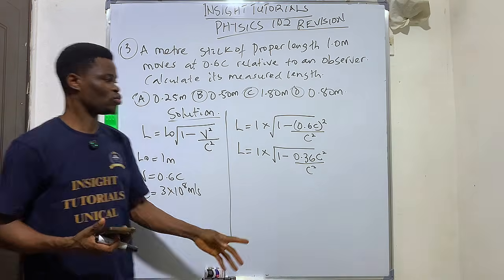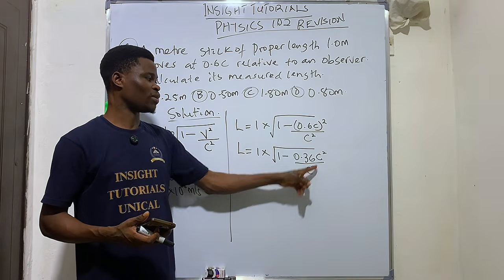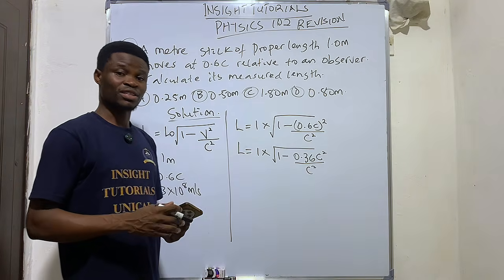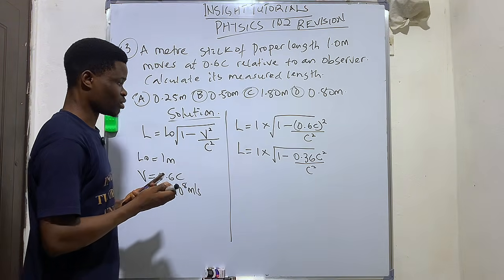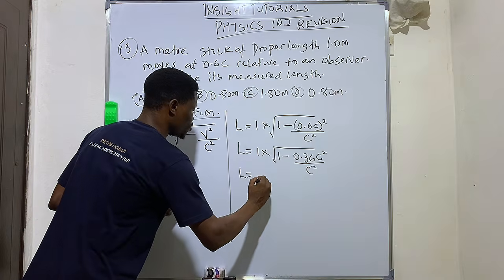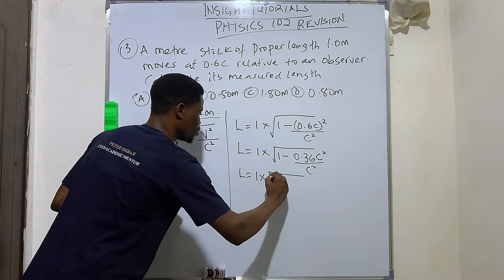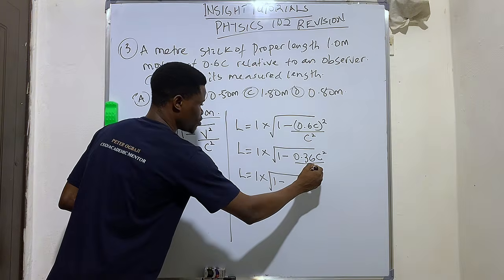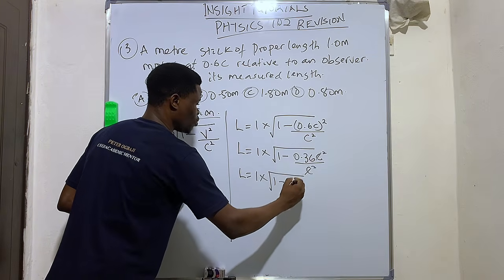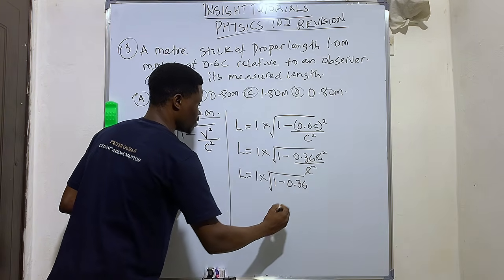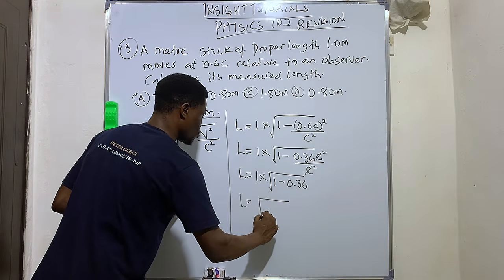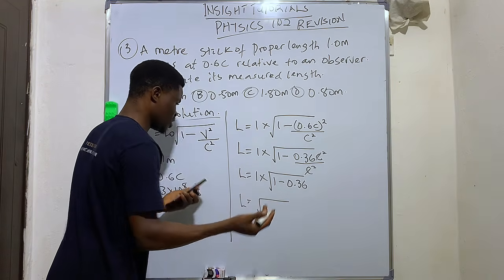Now it is easier for you to just simply cancel out this speed of light and this speed of light since they have the same exponent, all right? So L is 1 times the square root of 1 minus 0.36.